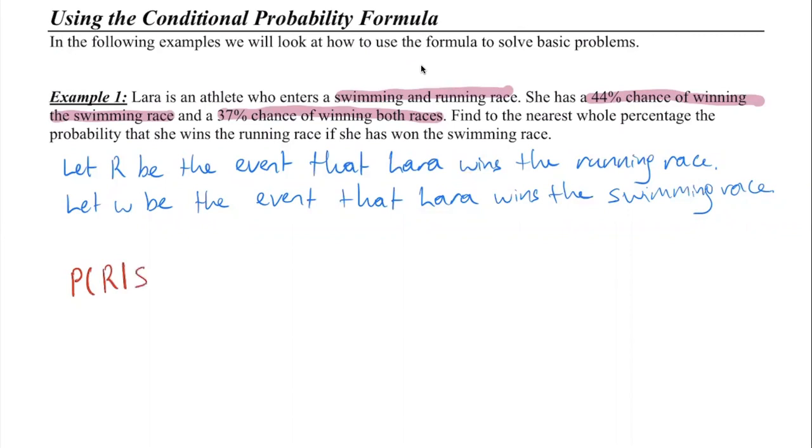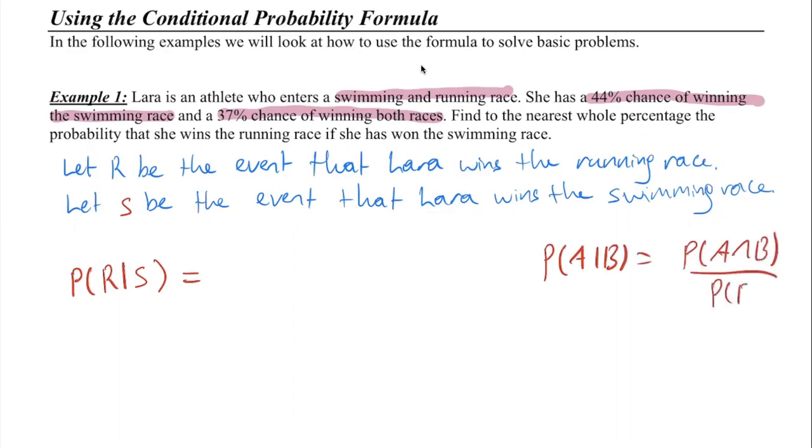We might change that W for winning the swimming race to an S. So using our probability formula, remember, P of A given B is equal to P of A and B all over P of B.